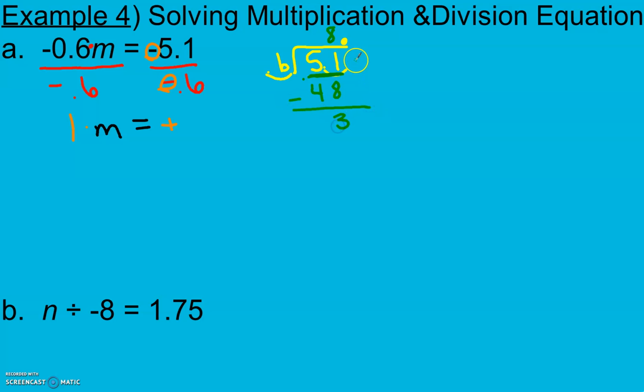Subtract, I get 3. I have to make another 0 and bring it down. 6 goes into 30, 5 times, which is 30, subtracts to 0. So I get a positive 8.5 here.